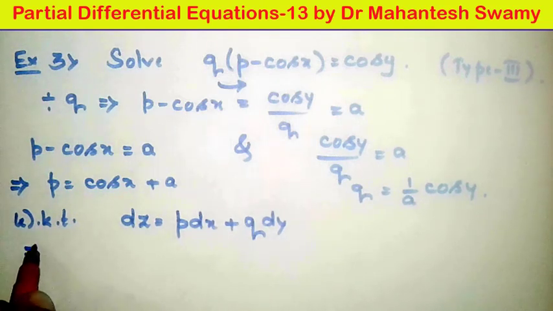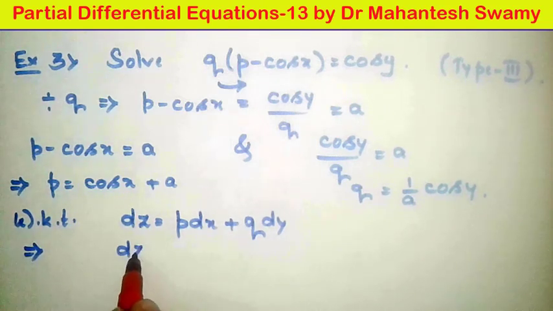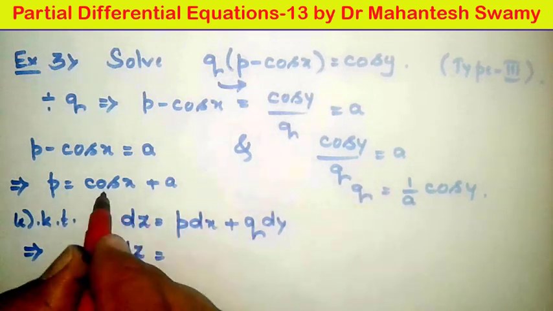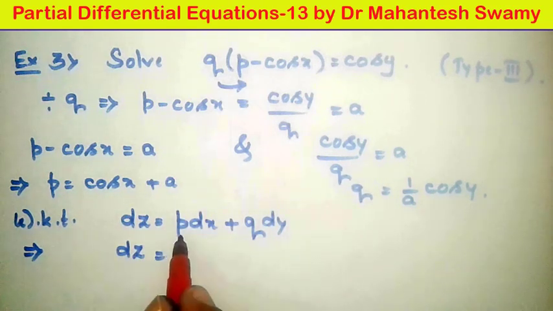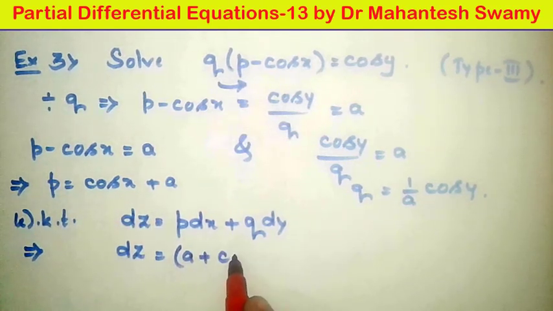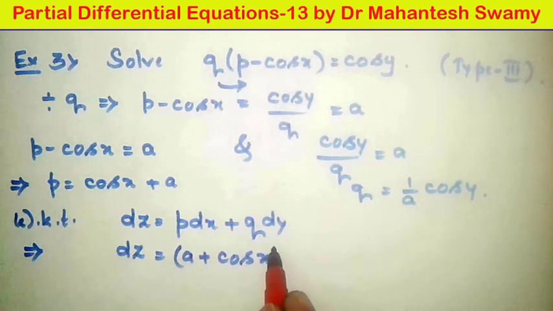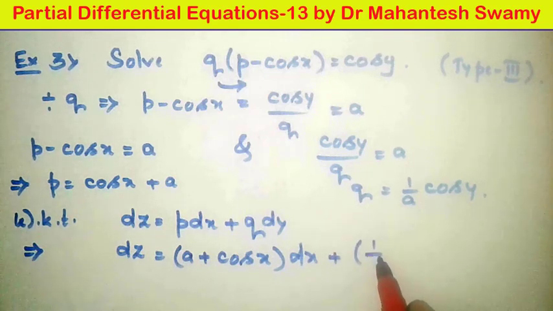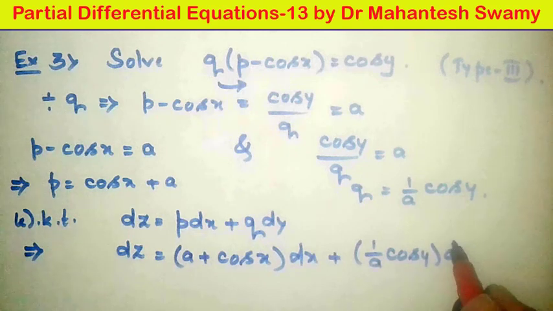Now this implies dz as it is on LHS, whereas the values of p and q are to be substituted from these two expressions. That is bracket p value is a plus cos x dx as it is here, plus the value of q is 1 by a into cos y into dy.